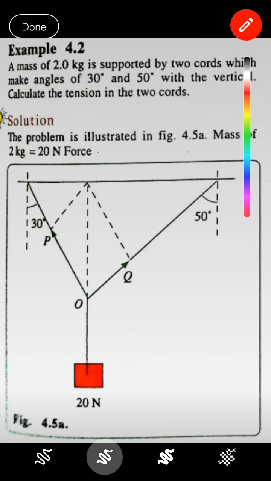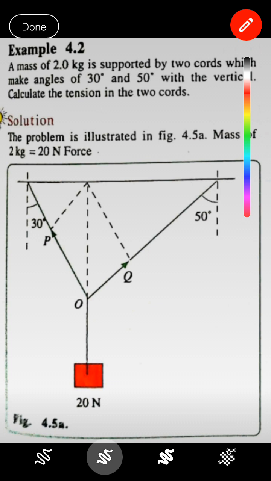So this diagram can be redrawn according to the principle of triangle of forces. We can rearrange the forces such that force P and Q are connected to each other from tail to end.